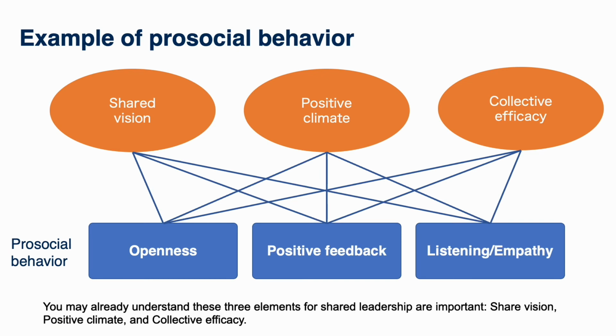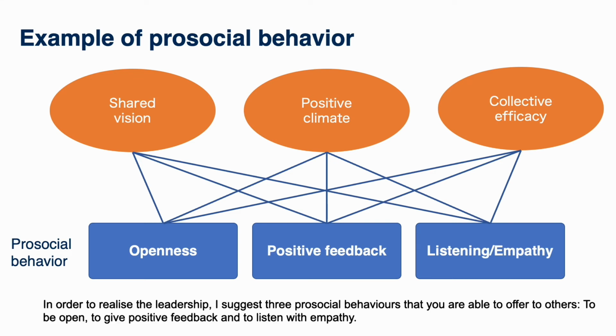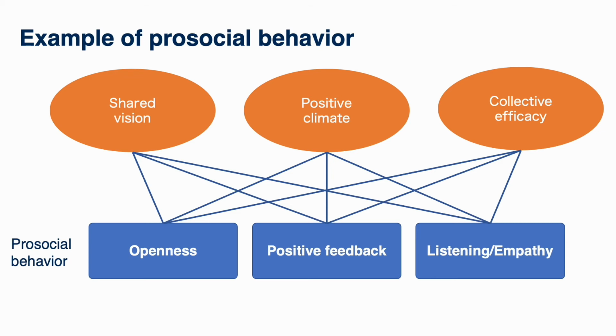You may already understand that these three elements for shared leadership are important: shared vision, positive climate, and collective efficacy. In order to realize this leadership, I suggest three pro-social behaviors that you are able to offer to others: to be open, to give positive feedback, and to listen with empathy.